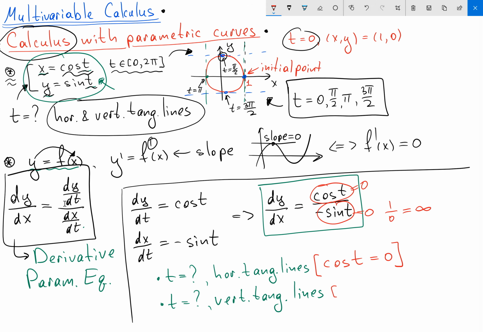So I'm looking for when sine of t equals 0. From here, I can conclude that cosine t equals 0 exactly when t, according to the trigonometric circle, equals pi over 2 or 3 pi over 2, which we can see exactly correspond to these two points, pi over 2 and 3 pi over 2.